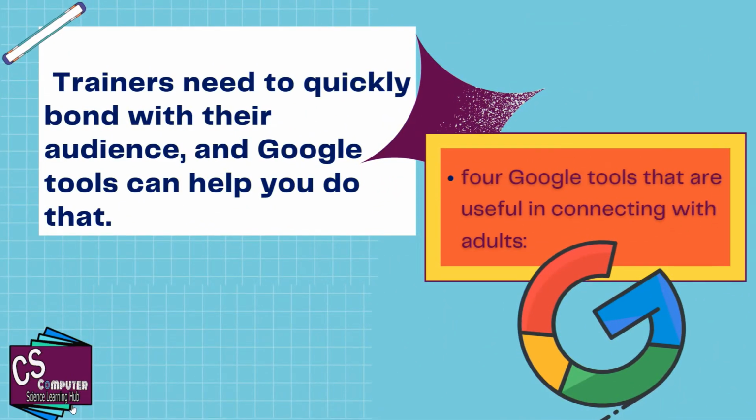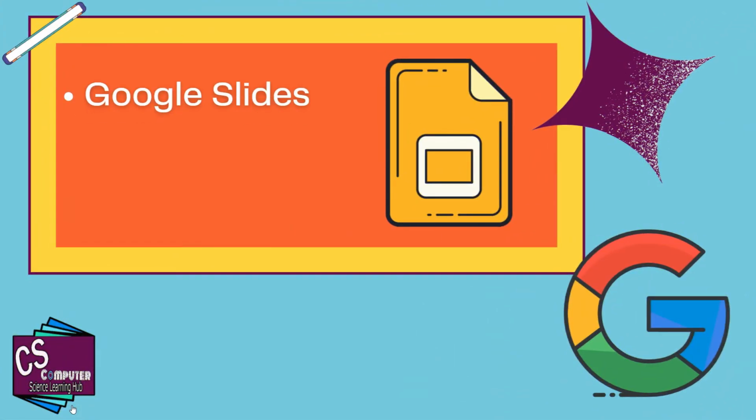So from here we understand that trainers need to quickly bond with their audience, and Google tools can help you do that. There are four Google tools that are useful in connecting with adults. The first tool is Google Slides. Share slide decks, model real-time collaboration, and capture both the individual and collective voice of the group.